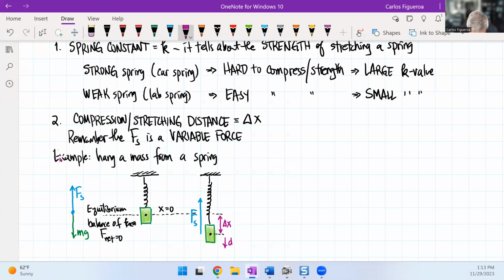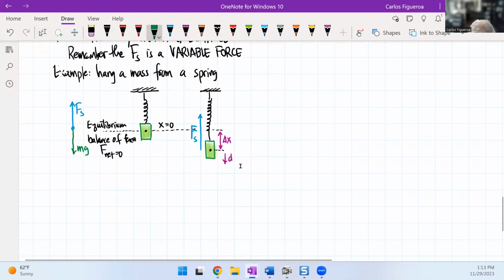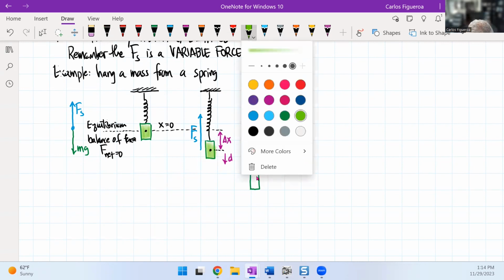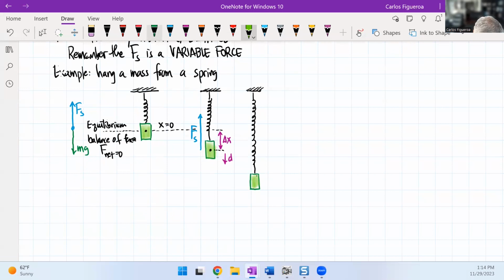Now I'm going to stretch the spring even more. So in this situation, I'm going to take this block and I'm going to stretch it all the way down to here. Conceptually, you have to agree that if I take an object like this and I pull it down more, that pulling it down more from the equilibrium point has to be a bigger force.